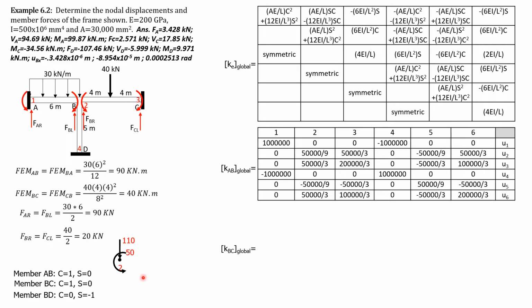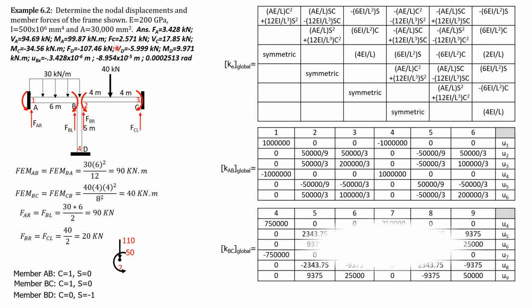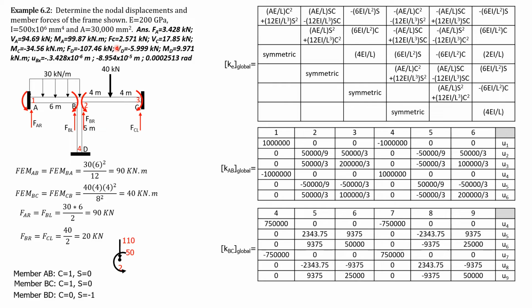For BC, substitute cosine is 1, sine is 0, and the moment of inertia and area. Moment of inertia should be in meter to the fourth, and area should also be in meter square. You just convert. So divide area 30,000 by 1,000 square to make it meter square.